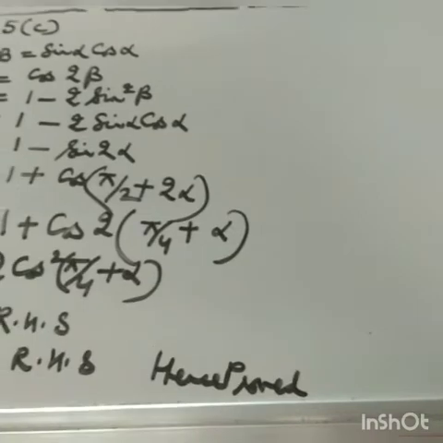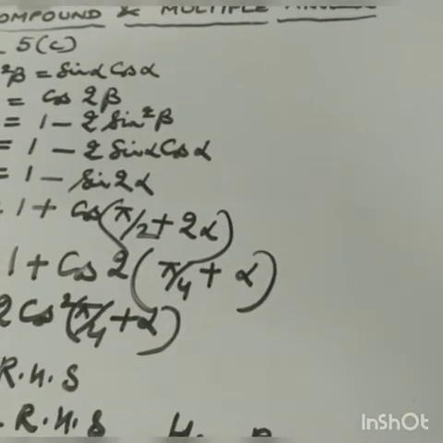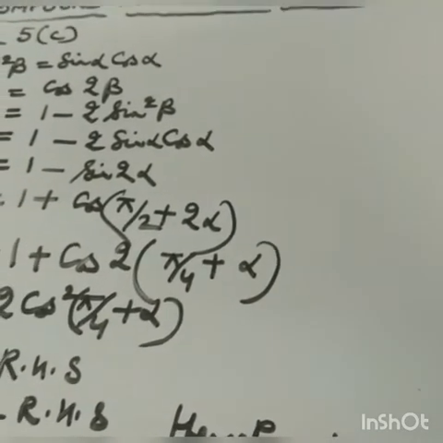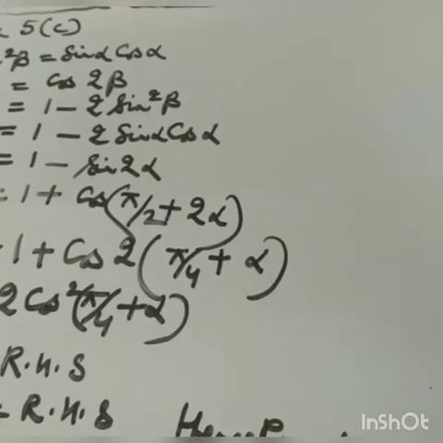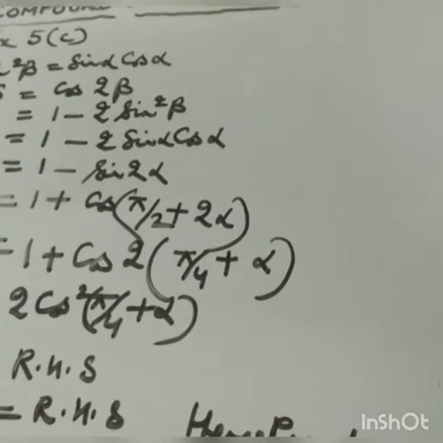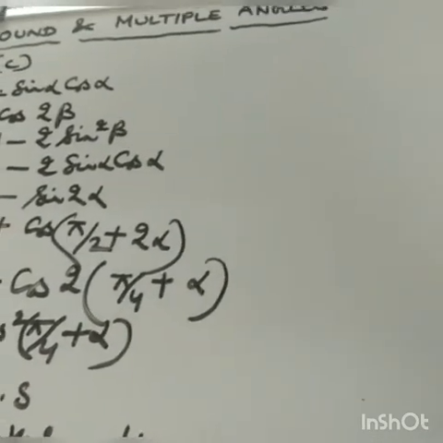So, this is how you can prove the question by following double angle formula and half angle conversions step by step. Please go through the question and try to understand the steps. Any doubt you may ask.